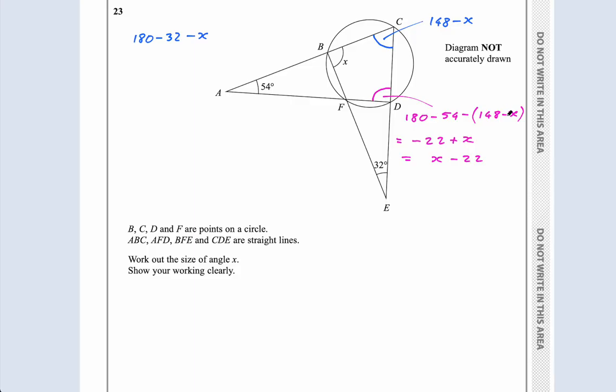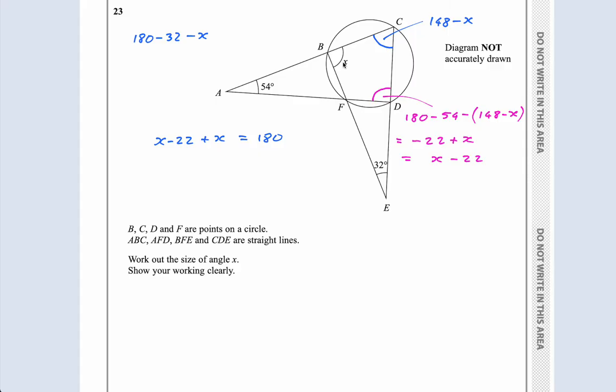Now I think that might do it, because I can say this angle plus this angle, so x minus 22 plus x, these two angles have to equal 180, because remember what I said at the start, opposite angles in a cyclic quadrilateral add up to 180.